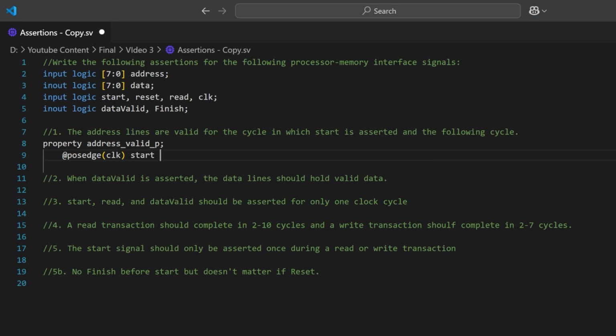For this case, I will be using the overlapping implication operator to indicate that the address is stable in the same cycle when start is asserted. And since it should also remain asserted on the next cycle, I will be using a consecutive repetition of 2. I will use $isunknown.